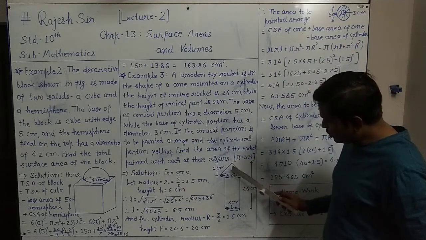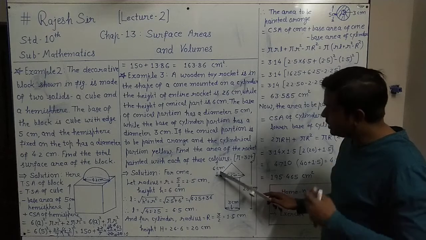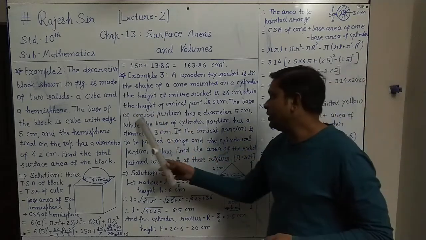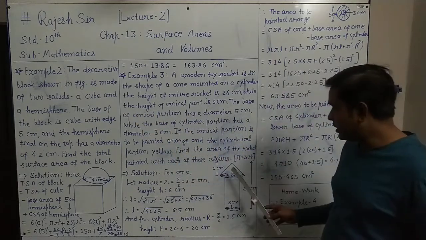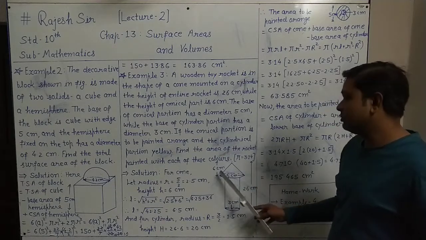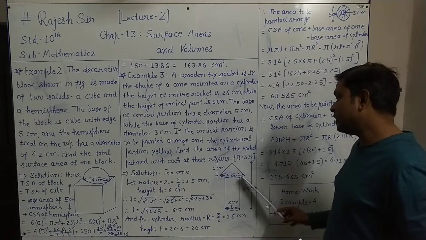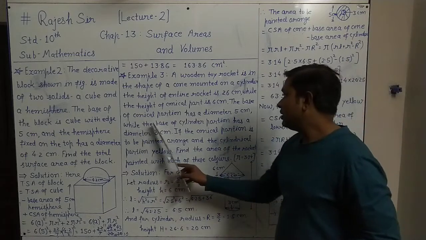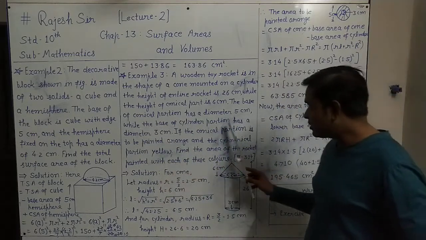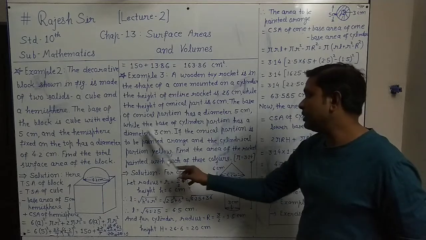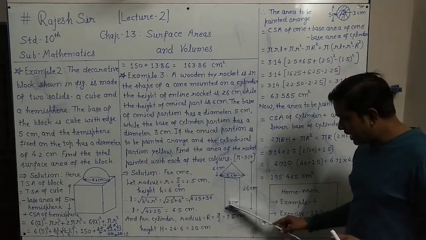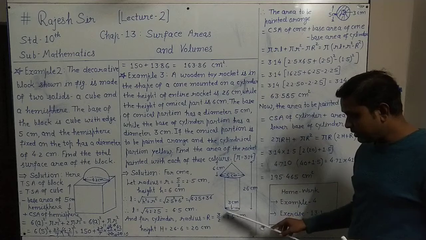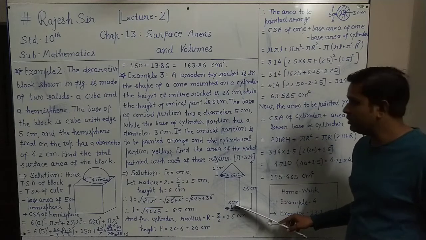The conical part is this much only, its height is 6 shown here. The base of the conical portion has a diameter 5 cm. This is the base of the cone part, and its diameter is 5 cm shown in the figure. And the base of the cylinder portion has diameter 3, shown here.